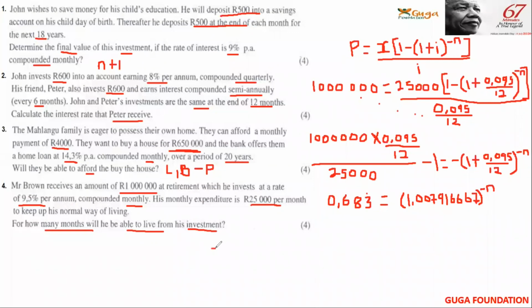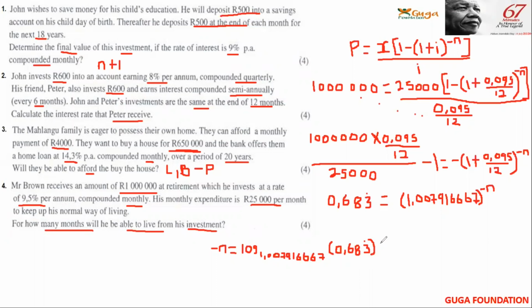Negative n is equals to log 1.007916667 of 0.683 recurring.